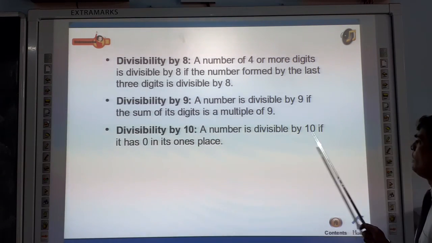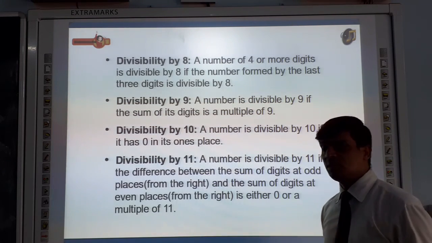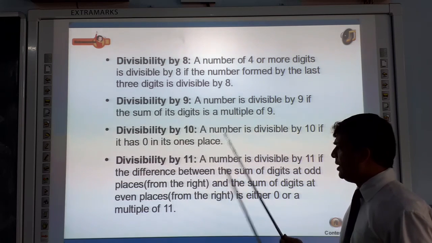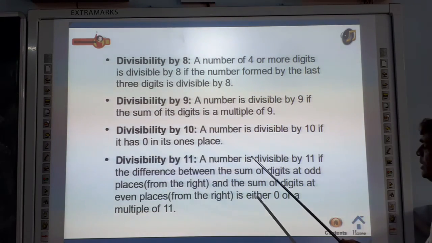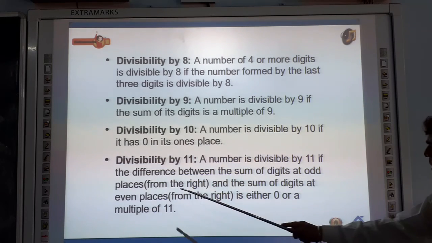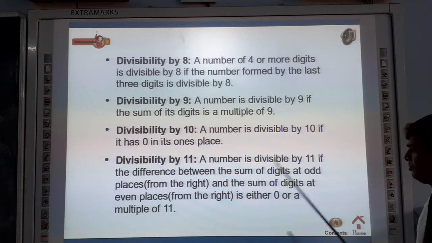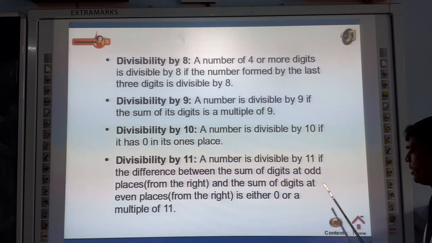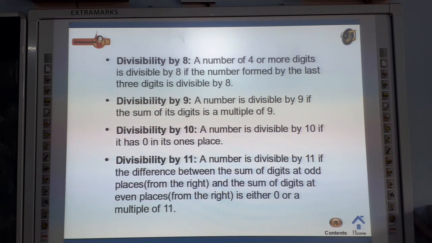A number is divisible by 10 if it has 0 in its ones place. Divisibility by 11. A number is divisible by 11 if the difference between the sum of digits at odd places from the right and the sum of digits at even places from the right is either 0 or a multiple of 11.